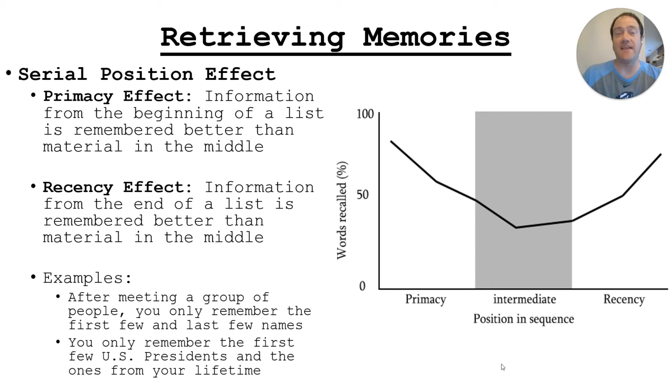And then they can usually remember the more recent ones, obviously the current president, President Trump, and then Obama and George W. Bush. And maybe you remember Clinton, maybe you remember George H.W. Bush. I don't know. But what that means is that you tend to remember the beginning of the list and the end of the list much easier than the ones in the middle.